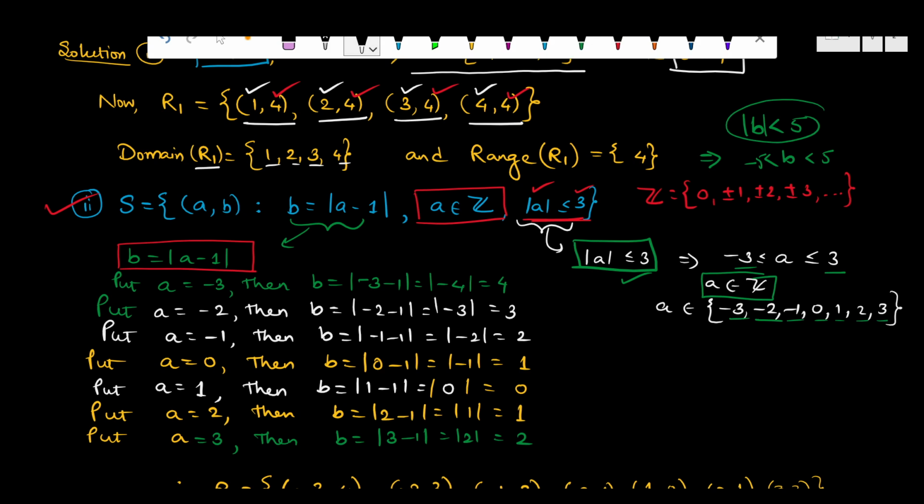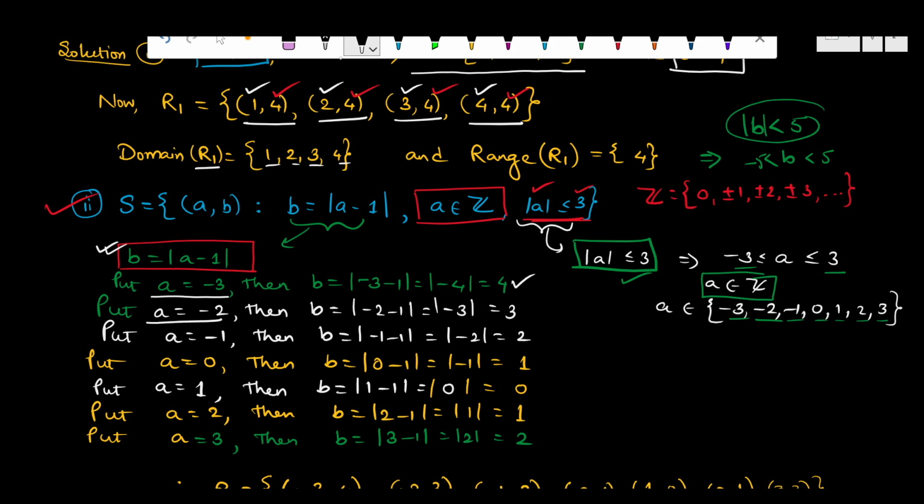Now we have to check which a satisfies this condition, right? So put a equals -3 in this condition, then b equals mod of -3 minus 1, which is equal to mod of -4, which is 4 itself, and 4 lies in here, right?